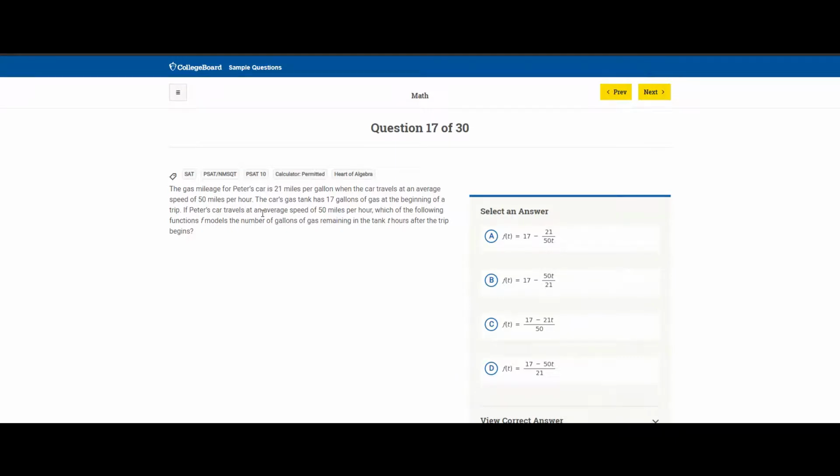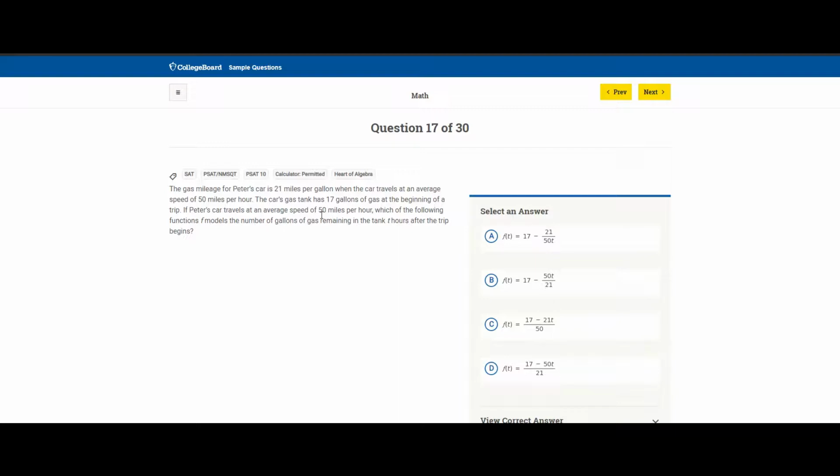So if we're doing miles per gallon and then miles per hour, we'll do gallons per hour. So if we do miles per hour over gallons per hour, okay, so that's 50 over... oh, not gallons per hour, that's definitely not it.